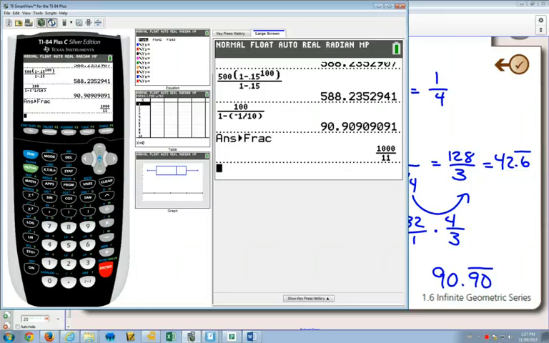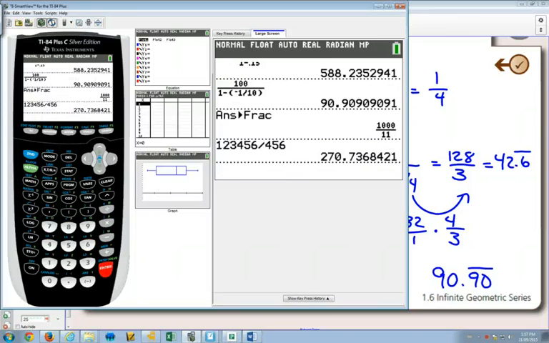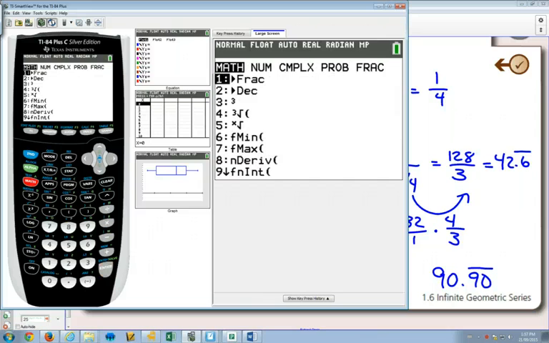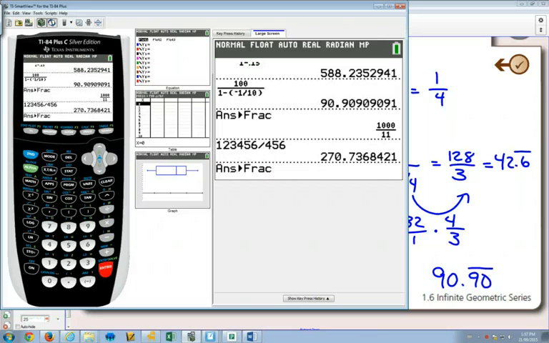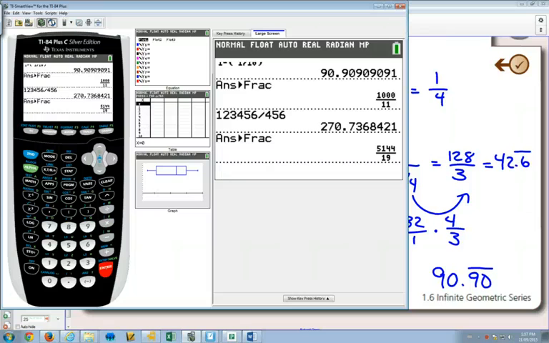For example, if you had 123456 divided by 456 and you didn't want to reduce that by hand, you could type it into your calculator, push enter, and it tells you a decimal. Hit the math button and change it back to a fraction, and it changes it to a fraction in lowest terms. So that can be really nice in some cases.